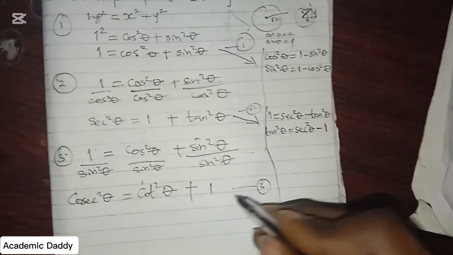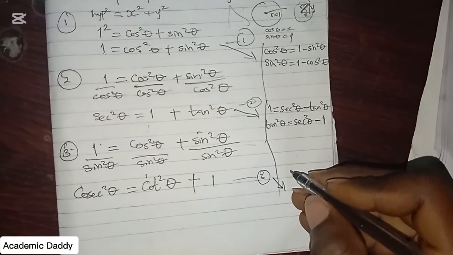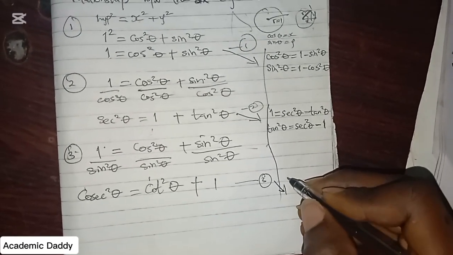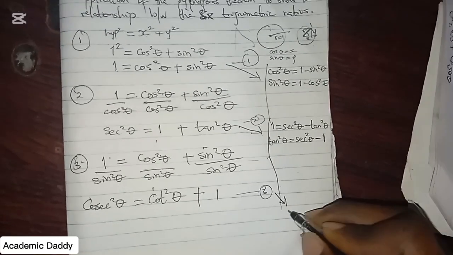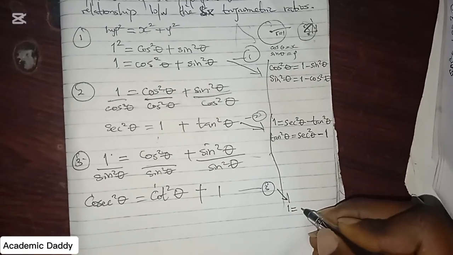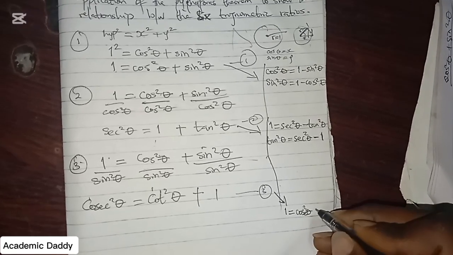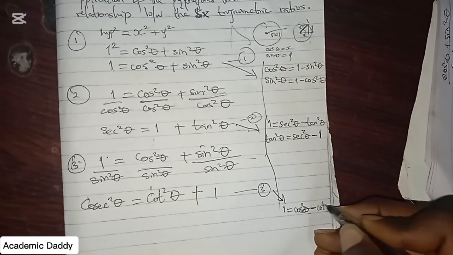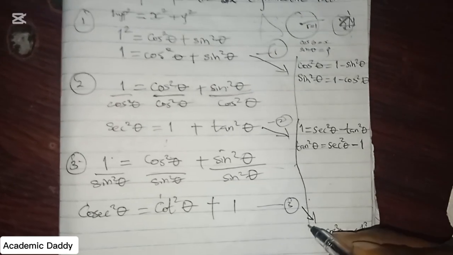From this third identity, when I make 1 the subject of the formula, 1 equals cosec square theta minus cotangent square theta. So cosec square theta minus cotangent square theta equals 1.